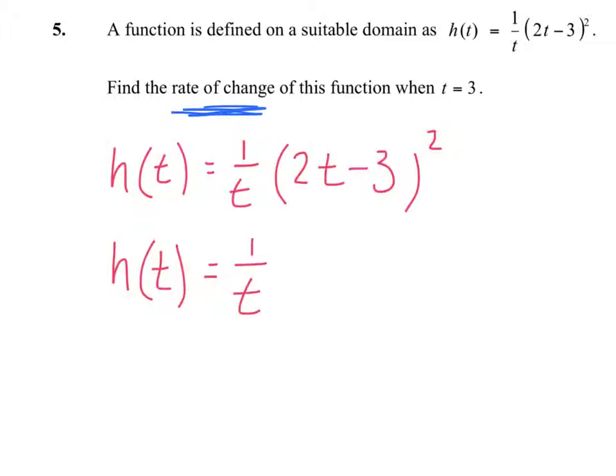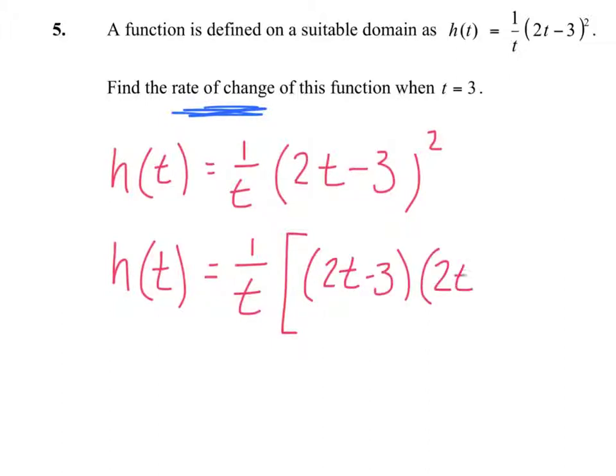So 1 over t, we'll put that outside a square bracket and multiply by that later. We have 2t minus 3 all squared, so that's 2t minus 3 multiplied by itself. So we have 1 over t multiplied by these two brackets multiplied together.